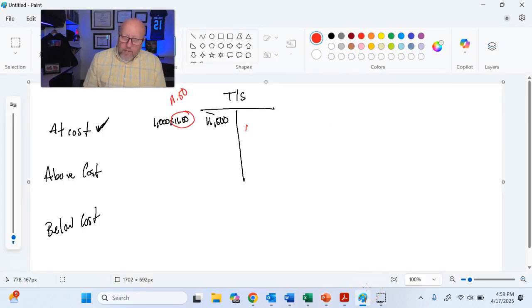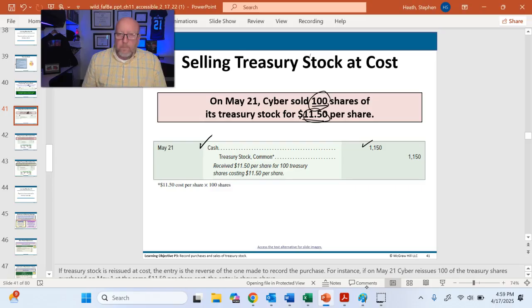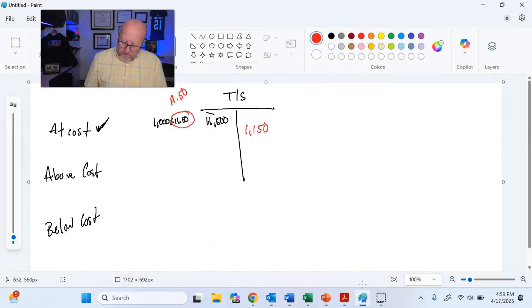It is just like I am issuing common shares. 1,150. Okay. What I would say is everything goes in, out of Treasury stock at cost.